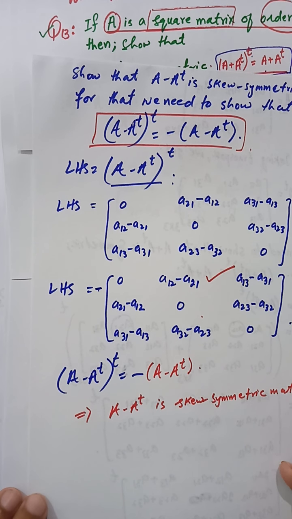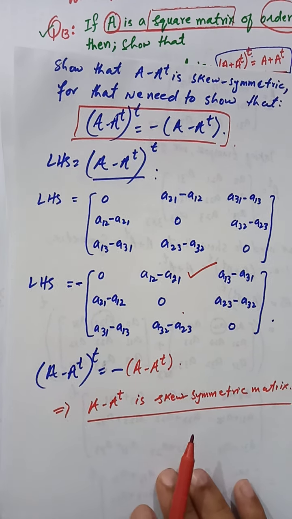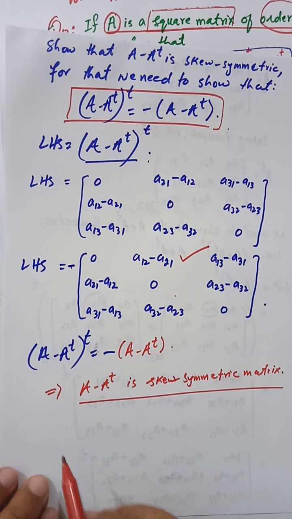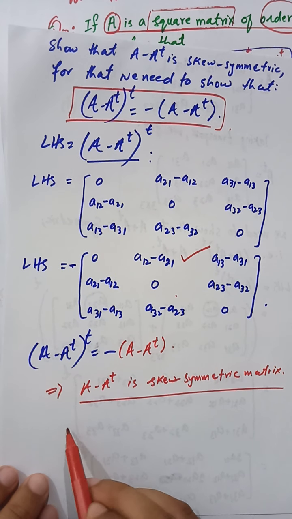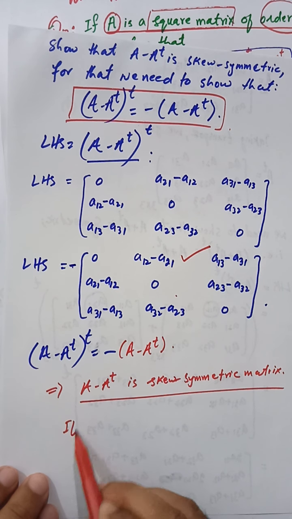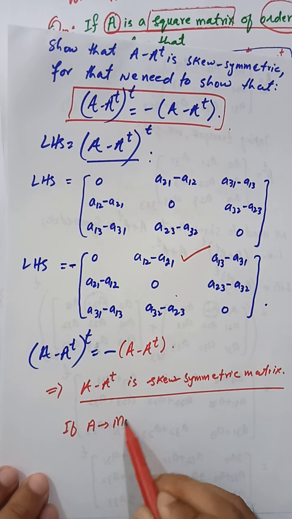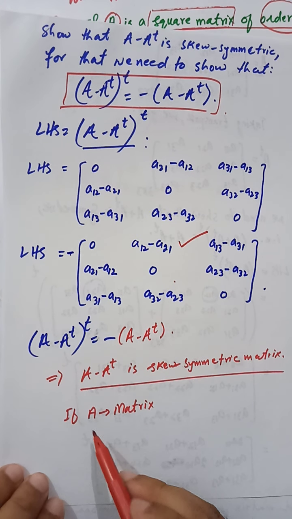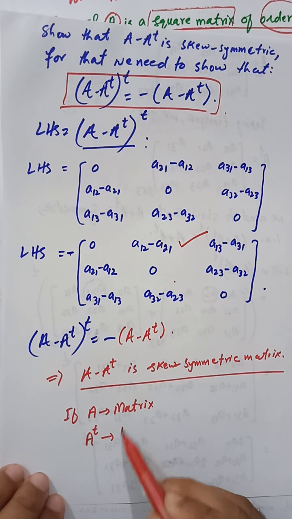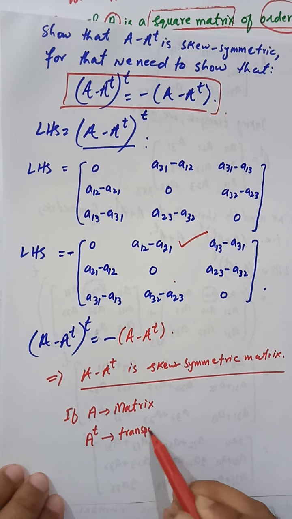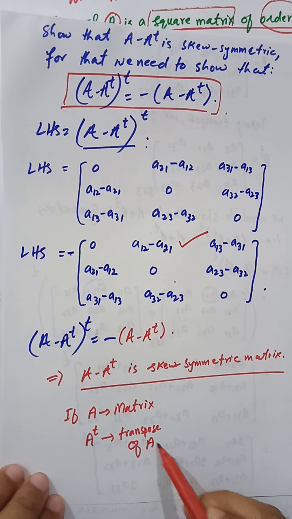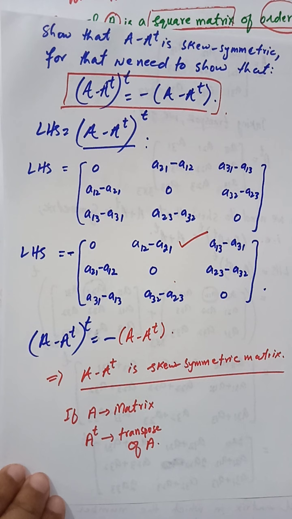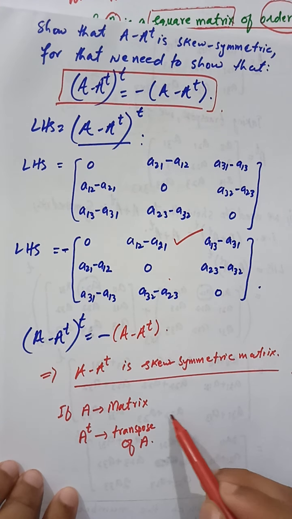If someone still doesn't know the definition of symmetric and skew symmetric, I am revising that definition here. If A is a matrix, its transpose is denoted by this. This is the transpose of matrix A. And how you can take the transpose: convert rows into columns or columns into rows.